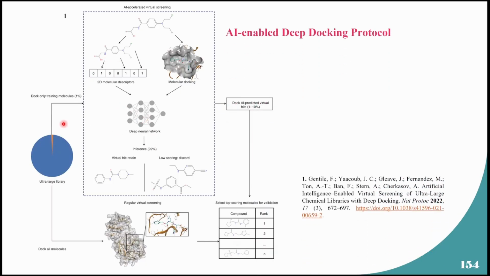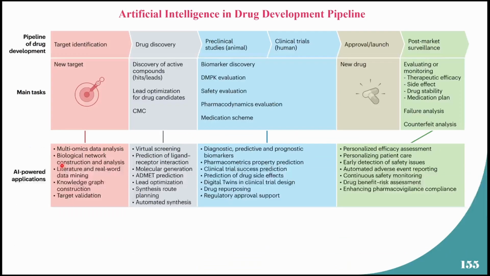So basically, you only dock a subset of the molecules in the large library, basically like ZINC, Enamine, etc. And you use that docking score for the training of the model, and you use the rest of the database for prediction, for basically finding out which molecule could be better. So that's how you do it from an ultra large library using this thing called deep docking.